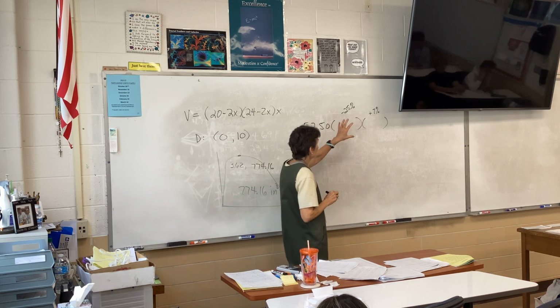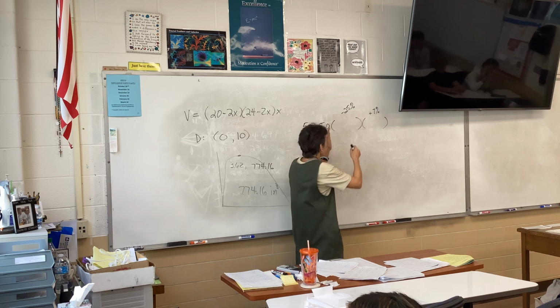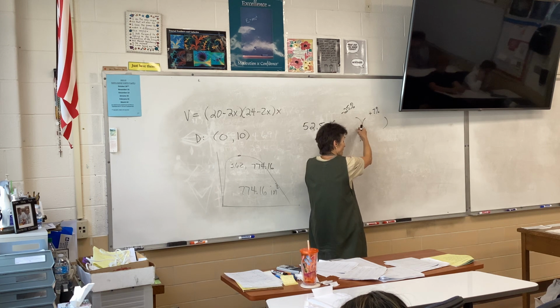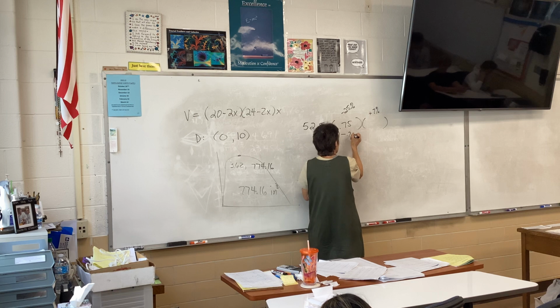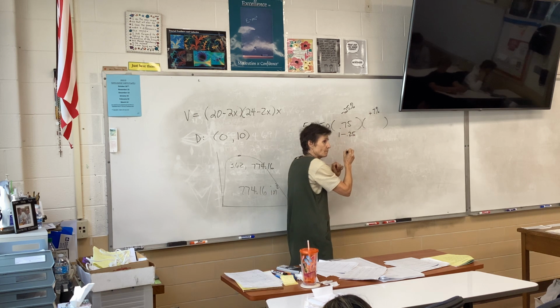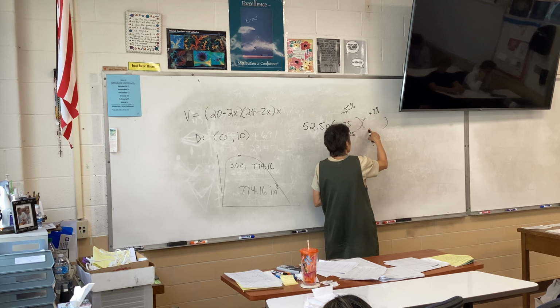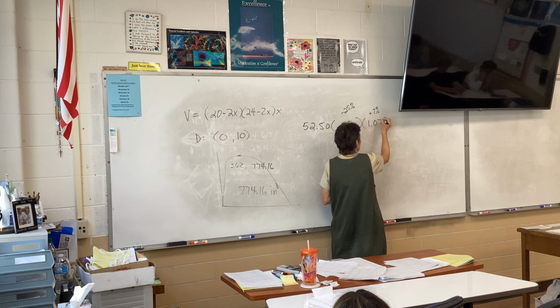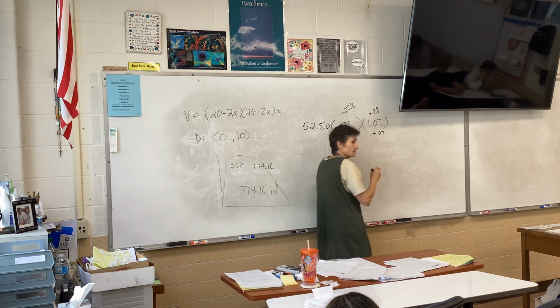If we are taking away 25%, then this first number we're multiplying by is what? 0.75. 1 minus 0.25. And then the second number we're multiplying by is 1.07, which is 1 plus 0.07.